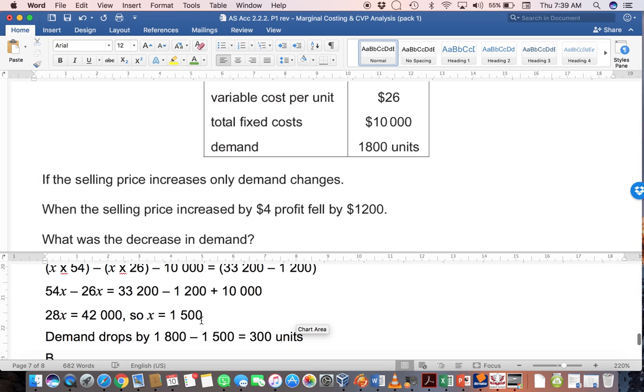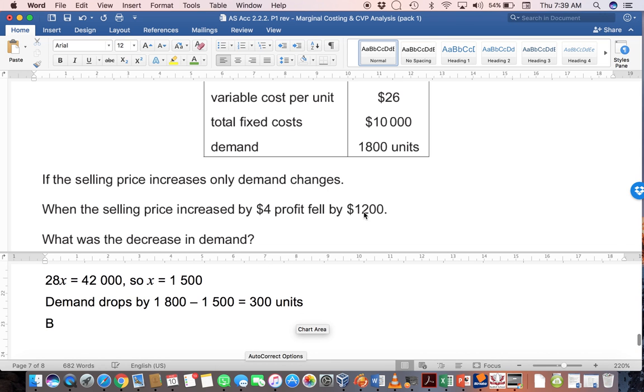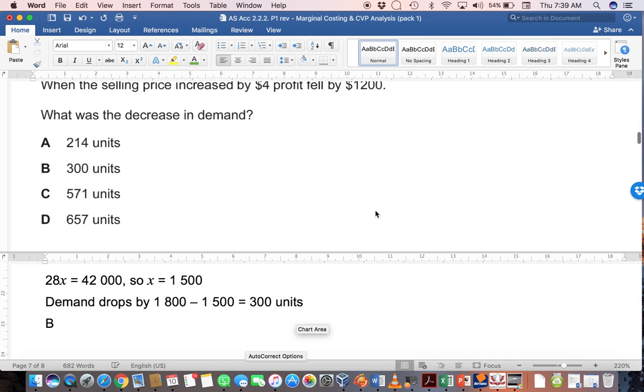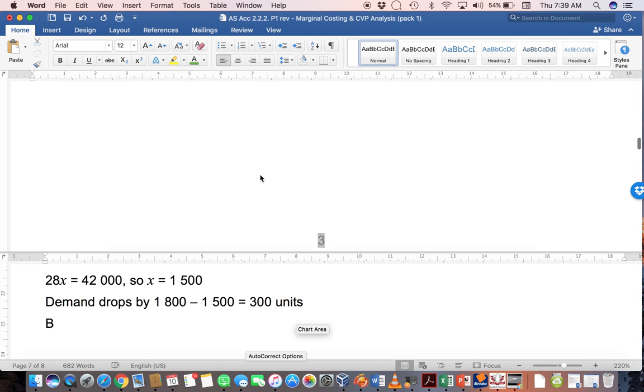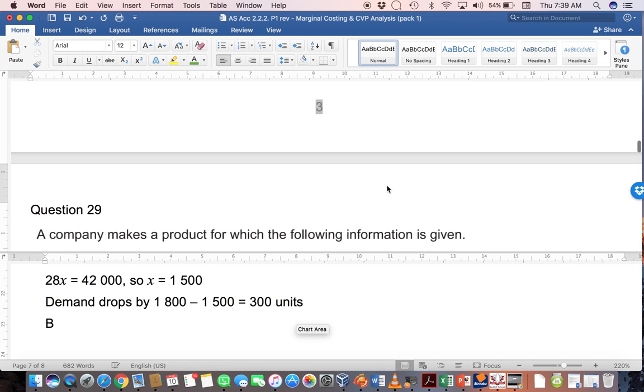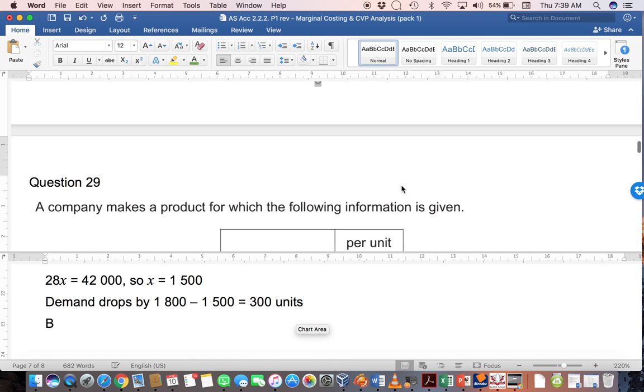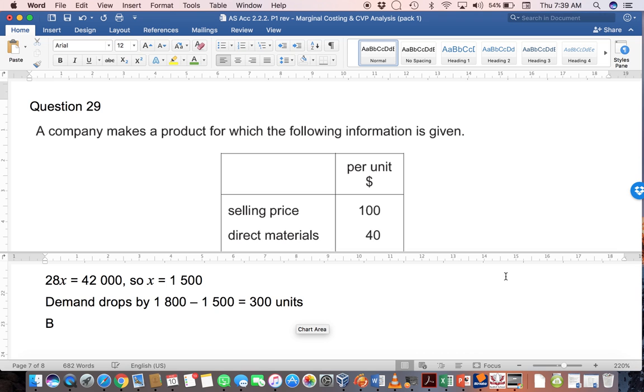Now, careful, 1,500 is not yet your answer because the question was asking what is the decrease in demand. In other words, the difference between the 1,800 that you had and the 1,500 that is demanded now, which is a drop of 300 units. And so that is why your answer will be B.